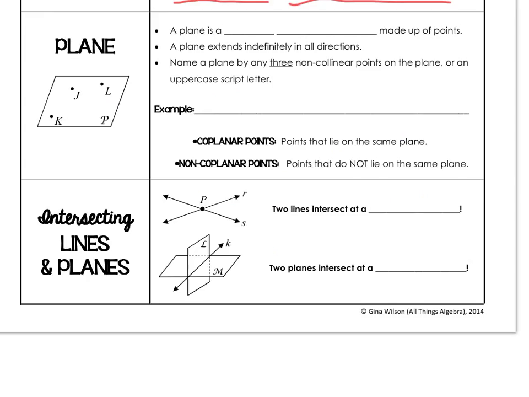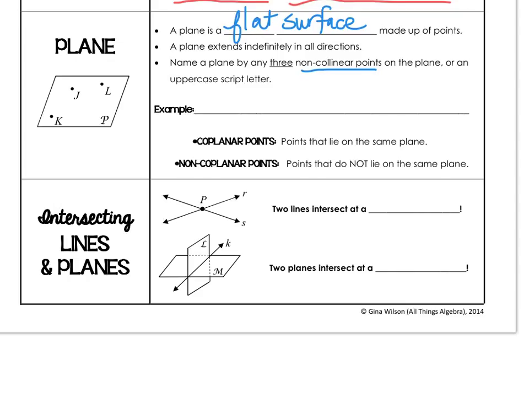Let's go ahead and talk about a plane. A plane is a flat surface made up of points. A plane extends indefinitely in all directions. If you want to name a plane, we name a plane by any 3 non-collinear points on the plane, or sometimes an uppercase script letter.